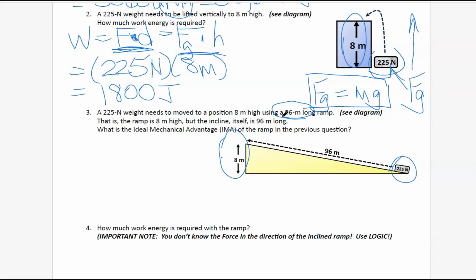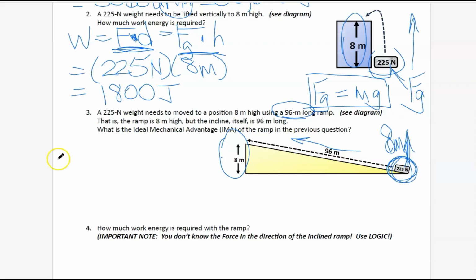So the ideal mechanical advantage tells you how much easier it is to use the machine than to do the job without the machine. So if I wanted to lift 225 newtons straight up like we did in the previous problem, I could either lift it with a force of 225 newtons straight up for 8 meters, or I could push it up the ramp with a much lower force, but for a much longer distance.